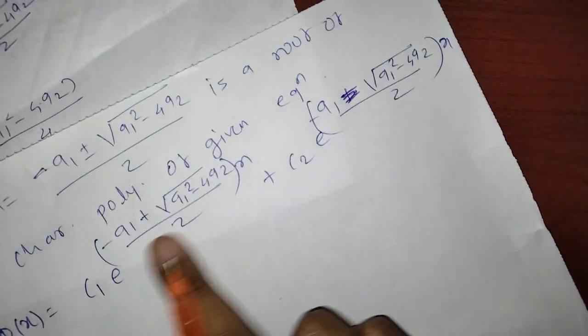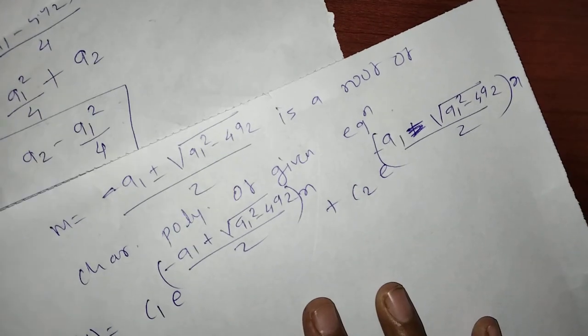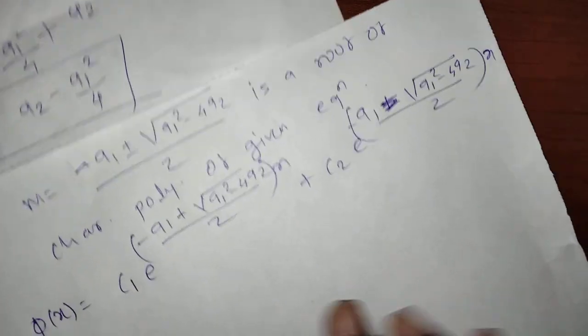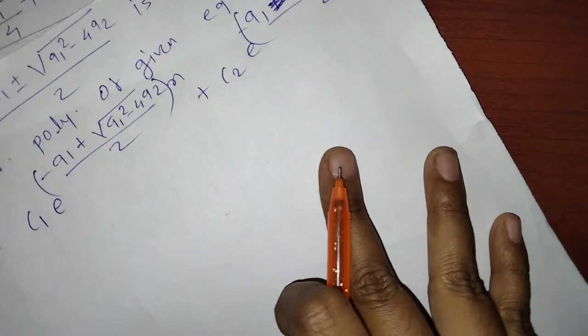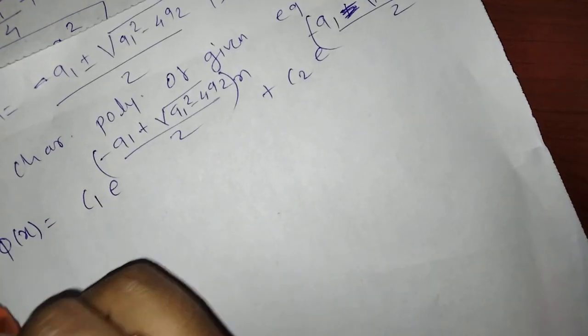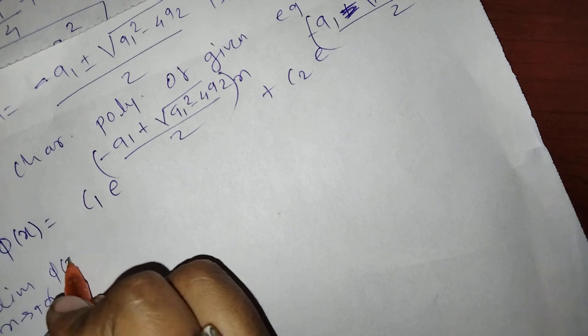Now if a1 greater than 0, then this term and this term remain negative, so e raised to minus a1 upon 2 here. Now you can take the limit x tends to plus infinity of phi of x.